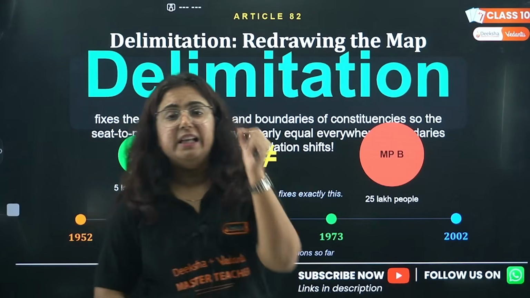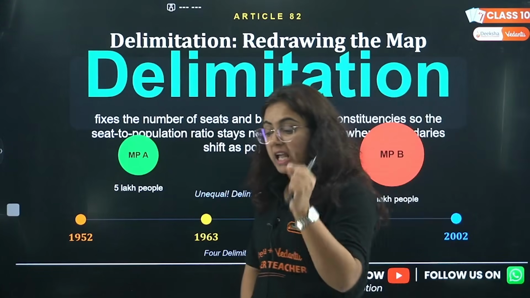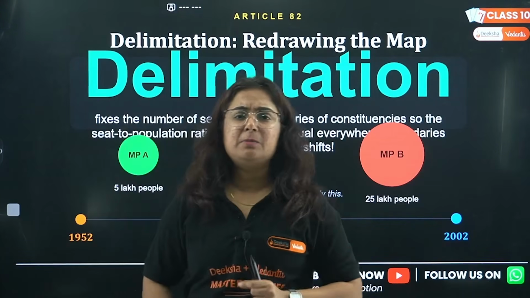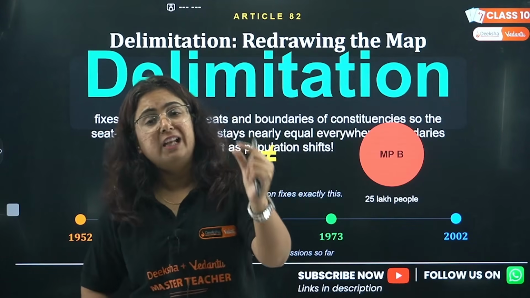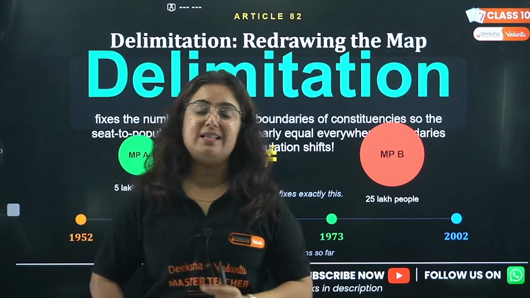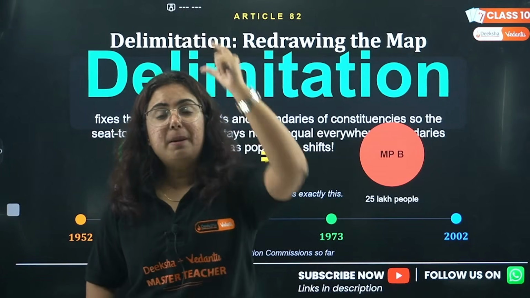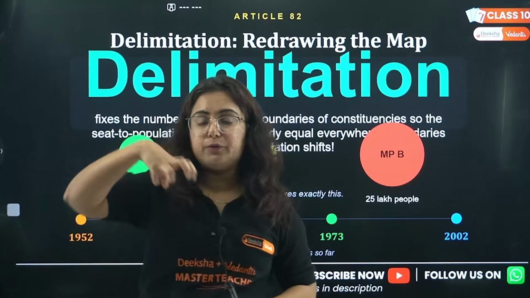Why is there a need to do this delimitation? So that there will be equal and fair representation. By equal and fair representation, I mean that, for example, there are 545 constituencies in Lok Sabha. That means 545 members of parliament are being chosen. They are being chosen from different areas.